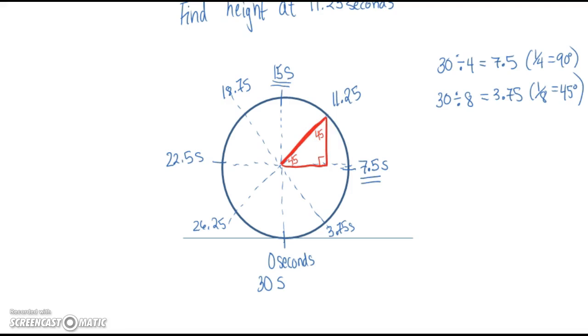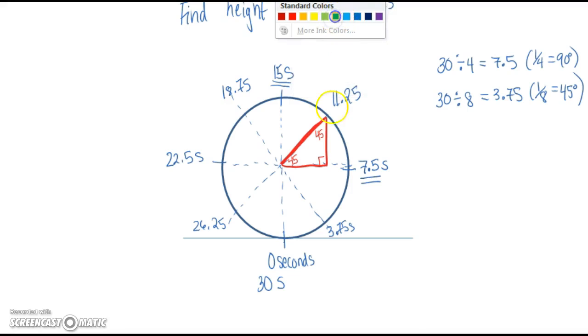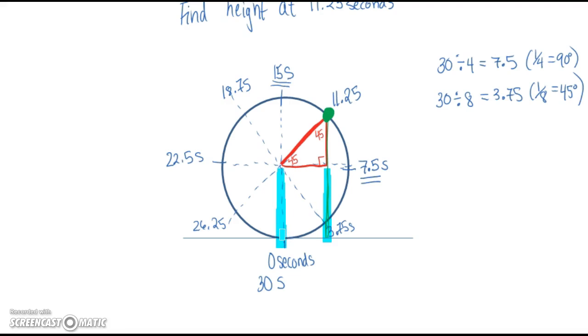Now our job is to find the height of the gum at 11.25 seconds. So this green blob here is our gum, and we're really trying to find the length of that green segment. Now if I highlight part of that green segment, we can see that it's the same length as our radius.